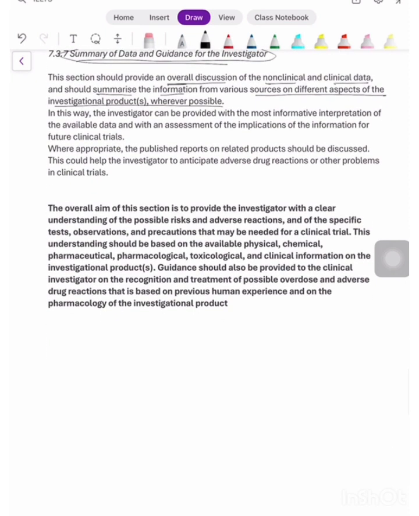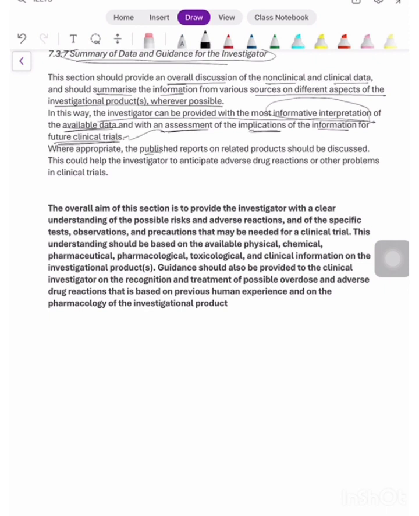In this way, the investigator can be provided with the most informative interpretation of the available data and with an assessment of the implications of the information for future clinical trials. तो उसके पास जो भी पहले हुआ उसकी पूरी इन्फॉर्मेशन रहेगी, उसके बेसिस पे वो उस डाटा को इंटरप्रेटेट करके अवेलेबल डाटा का एक असेसमेंट बनाएगा और उसको इम्प्लाई करेगा फॉर फ्यूचर क्लिनिकल ट्रायल्स.